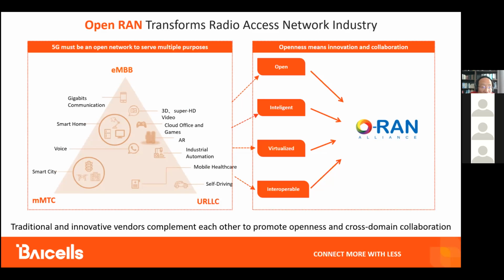And mMTC, or massive machine type communications, to provide IoT services with a large number of connections. 5G will for sure introduce more services. And 5G must be an open network to enable those services.